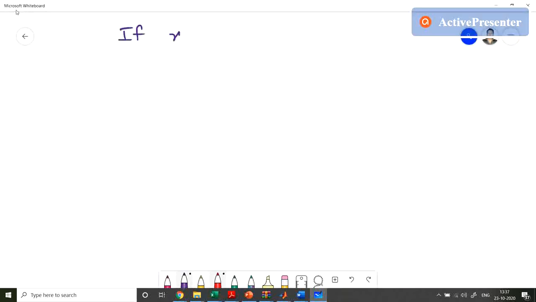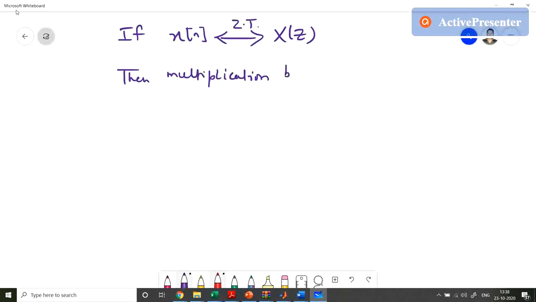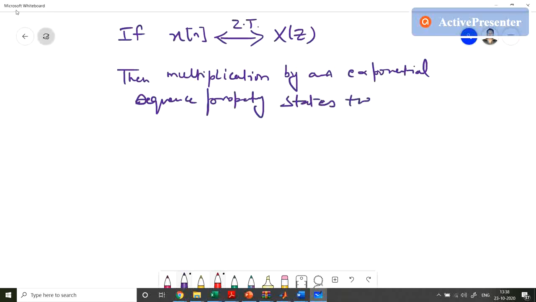The property says that if x[n] has Z transform X(z), then the multiplication by an exponential sequence property states that a raised to the power n times x[n] has Z transform X(z by a).